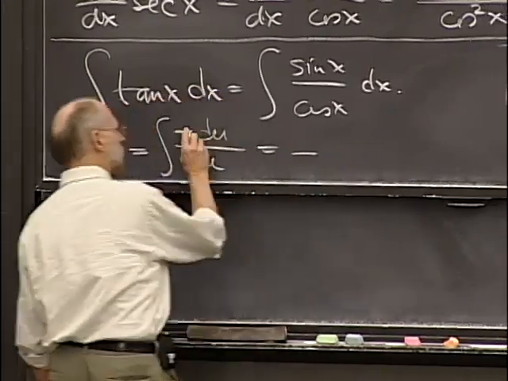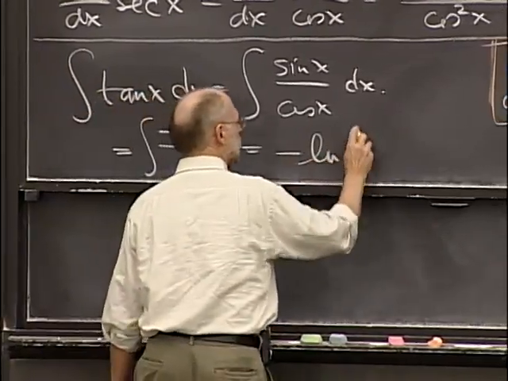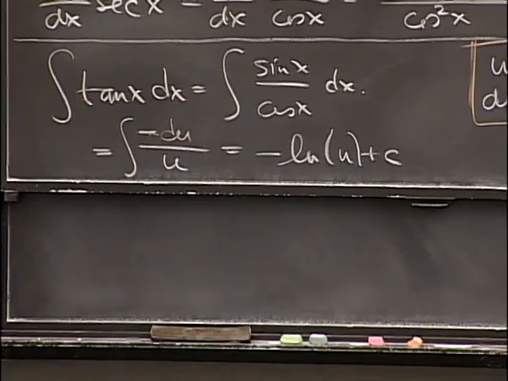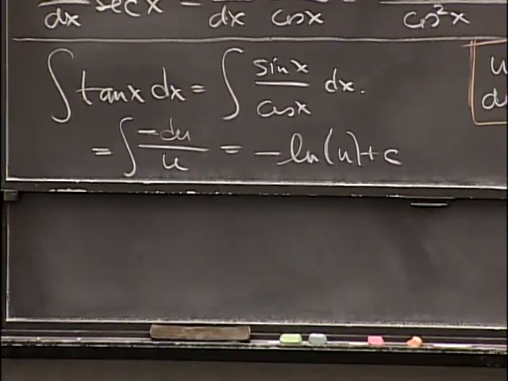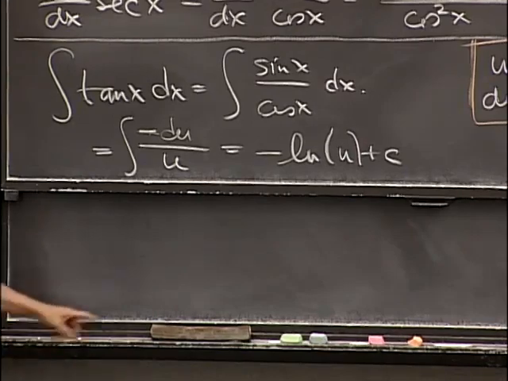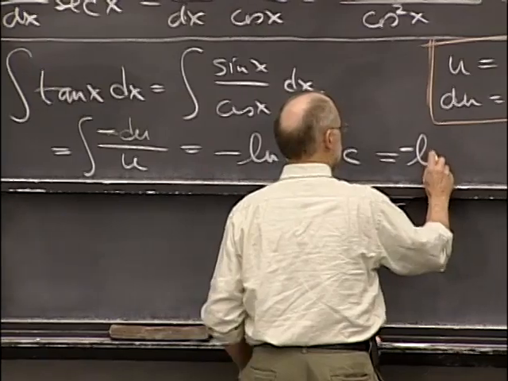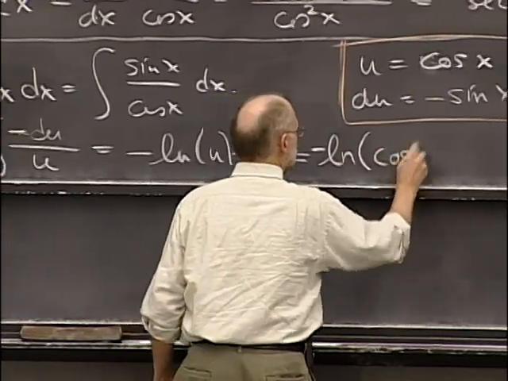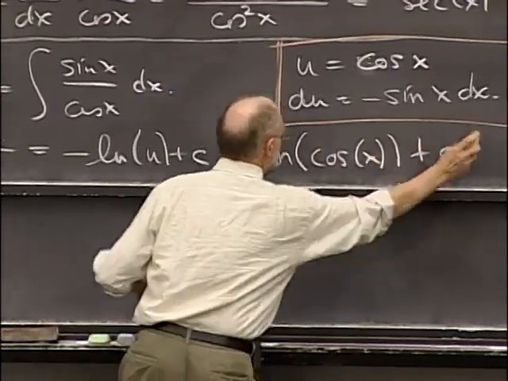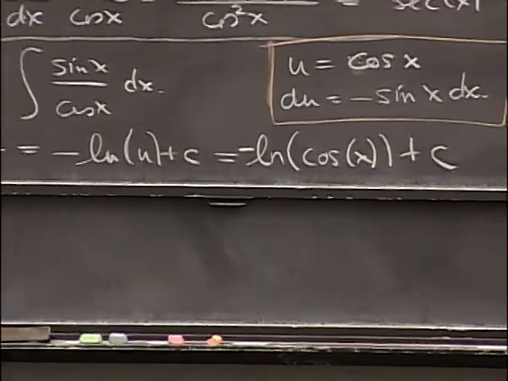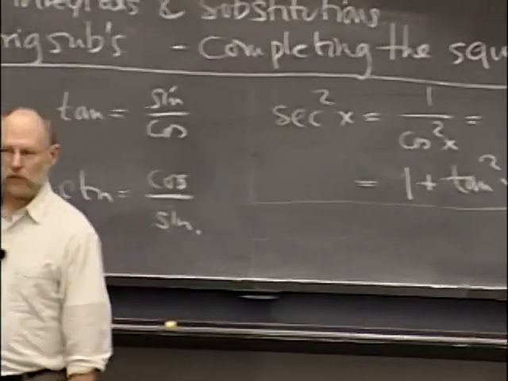So this is minus the natural log of u plus a constant. I'm not quite done. I have to back substitute and replace this new variable that I made up called u with what it is, and what you get is minus the natural log of the cosine of x. So the integral of the tangent is minus log cosine.